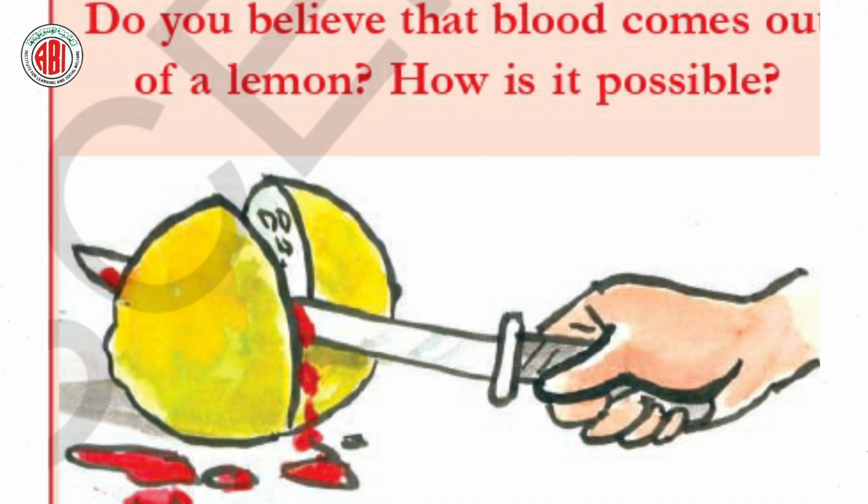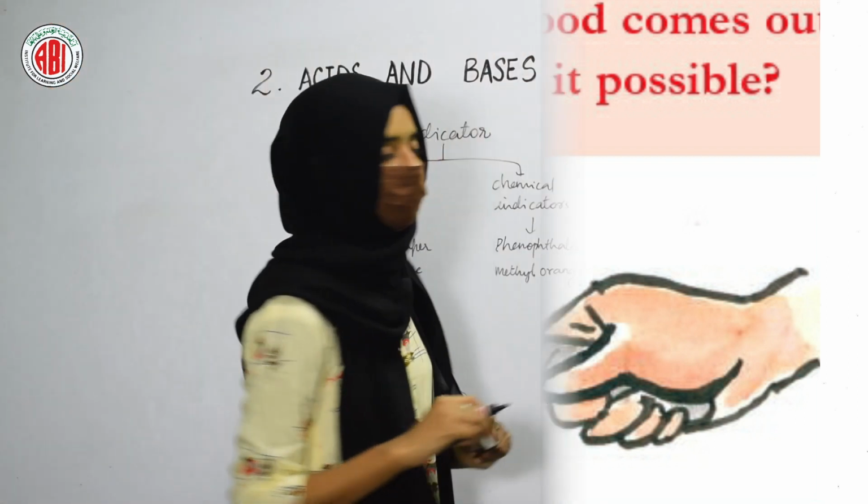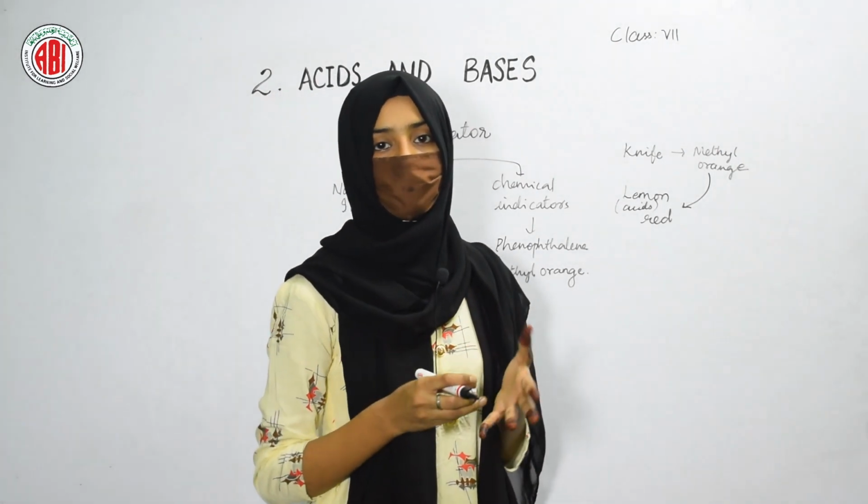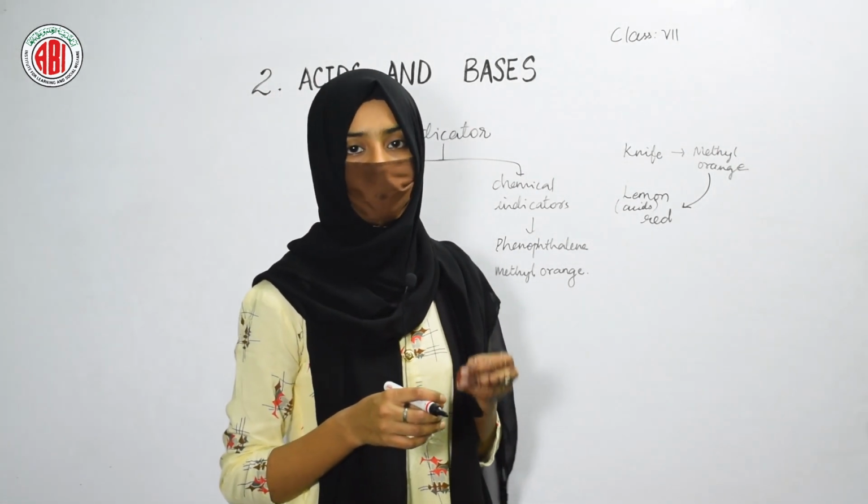into red. In this way, when we cut the lemon with a knife that was dipped in the methyl orange solution, that methyl orange solution combines with the acid of the lemon and it gives red color. In this way, the red colored solution comes out of the lemon, which seems to be the blood.